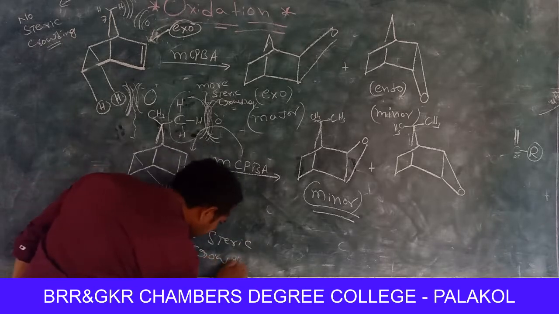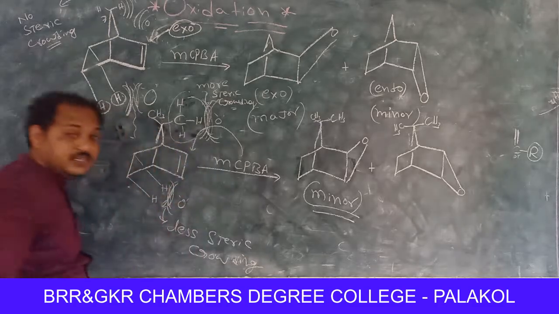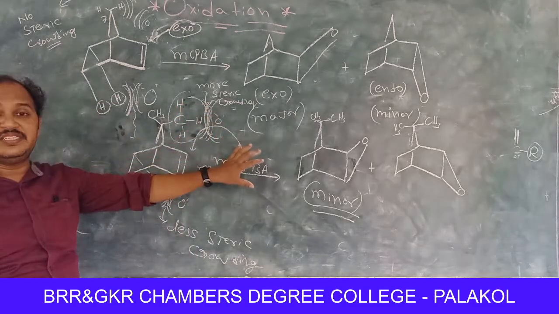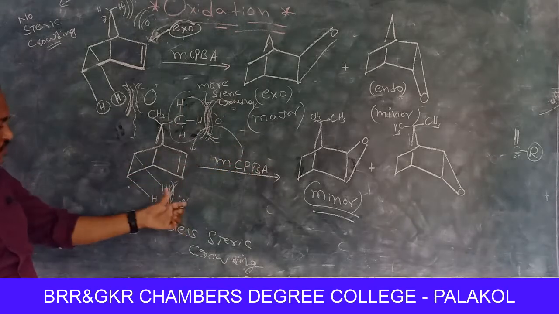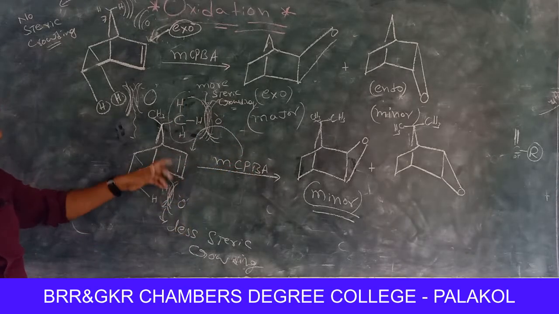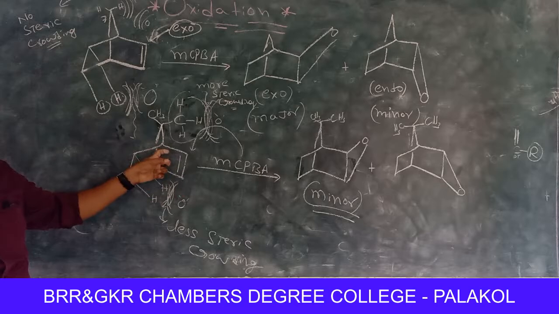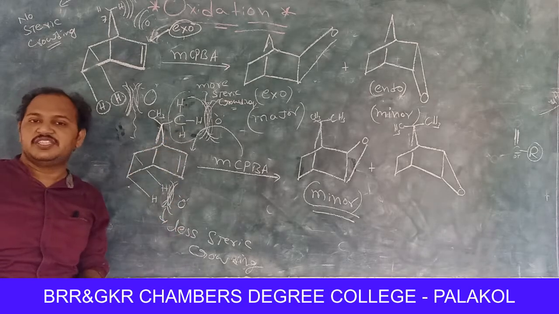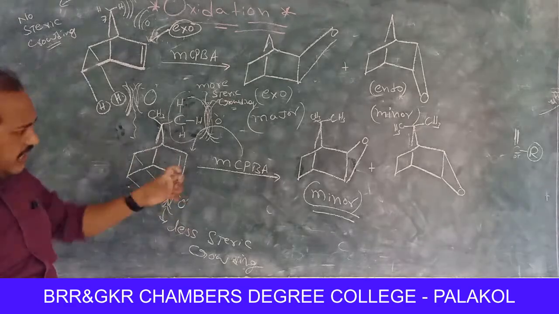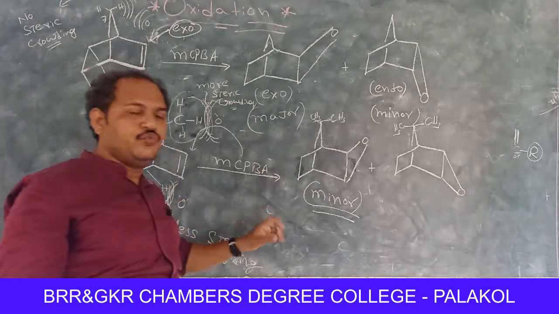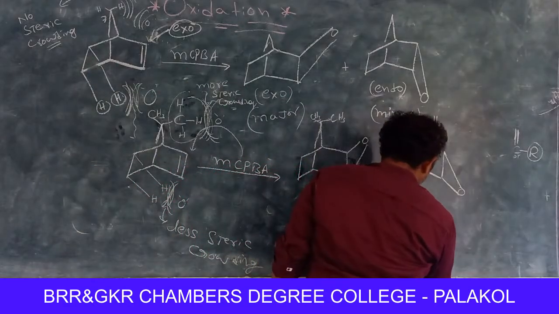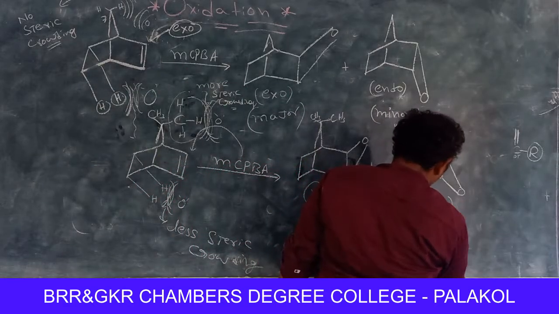That's why the oxygen is always looking to approach from the endo direction in this case, because here we have less steric crowding. So like that we can decide whether it is exo or endo. Obviously here the major product is endo.